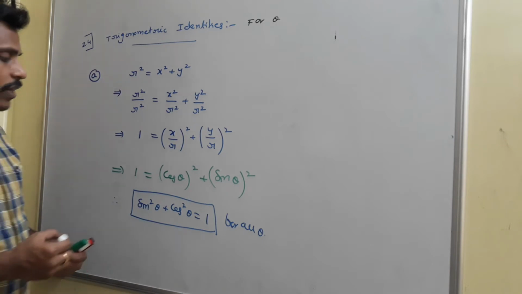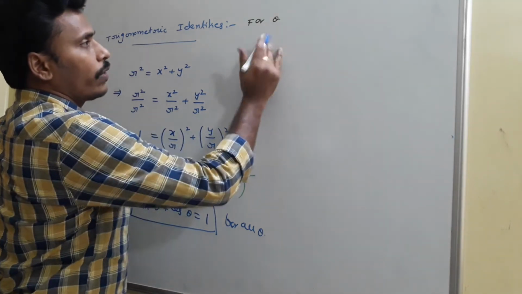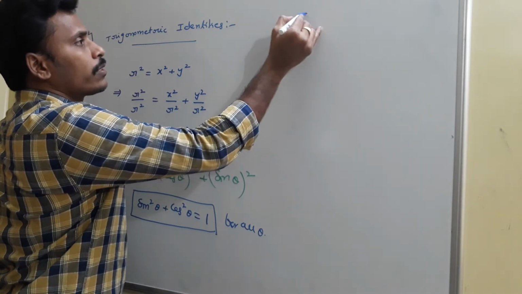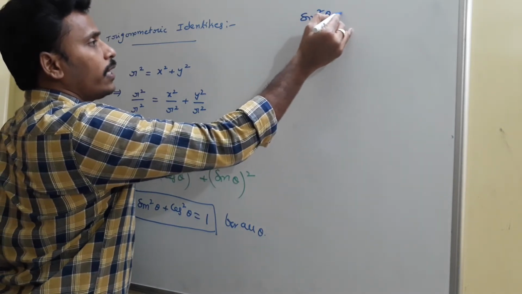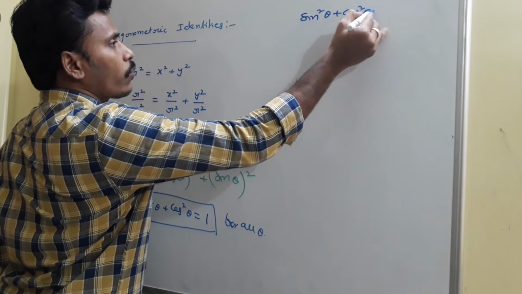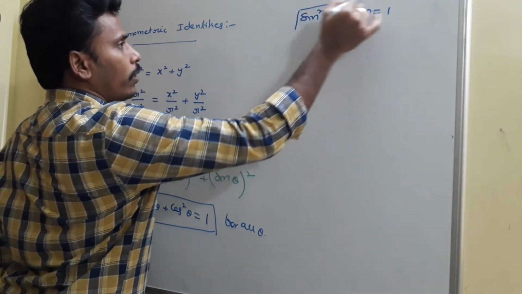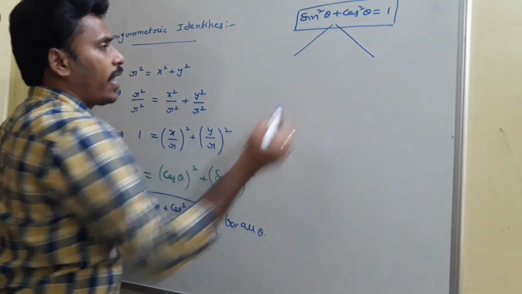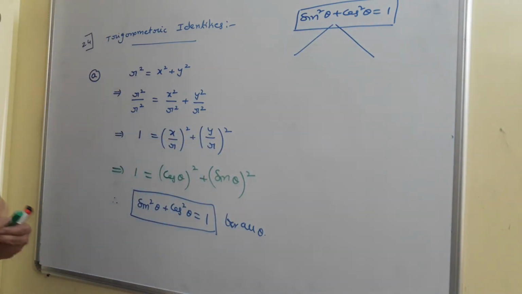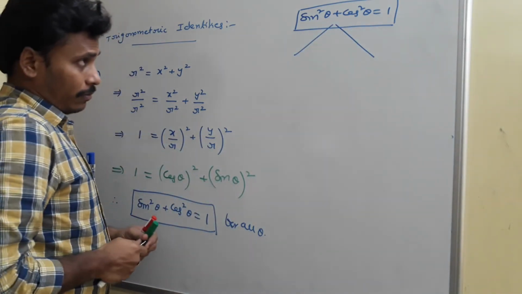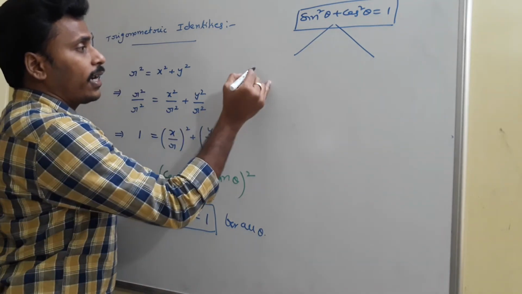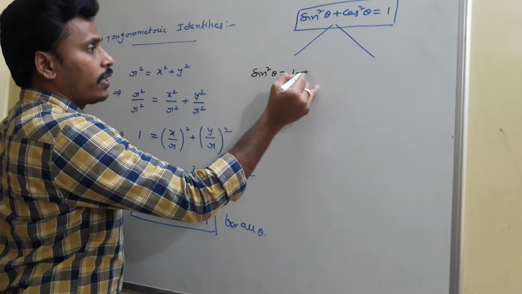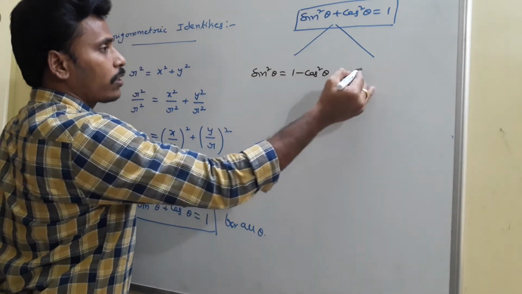So I will start with sin² theta plus cos² theta is equal to 1. And now you just make either sin theta or cos theta the subject in two cases. You may write sin² theta plus cos² theta is 1, so sin² theta is equal to 1 minus cos² theta.